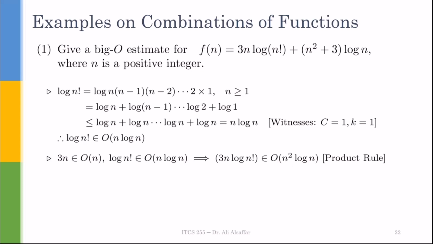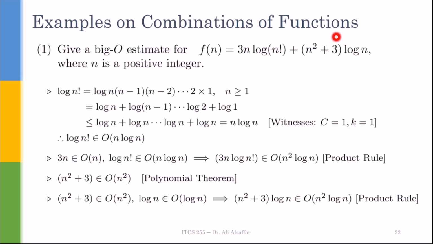So the answer will be order of n multiplied by n log n, and the answer is n squared log n. For the second part, the polynomial n squared plus 3 belongs to big O of n squared according to the polynomial theorem. Why? Because n squared plus 3 belongs to big theta of n squared, and therefore it belongs to big O of n squared.